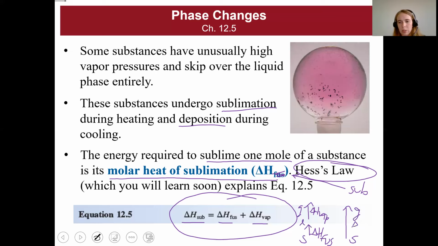So delta H of sublimation is the sum of those two things because we're going from one state to another. So delta H, enthalpy, as we have learned, is a state function. So going from the initial state to the final state, the delta H is actually just going to be the sum of those two delta H's. And we're going to learn more about that with Hess's law in chapter 10.